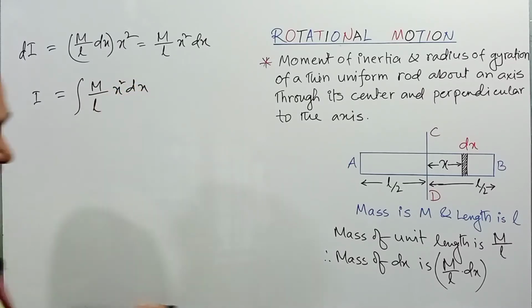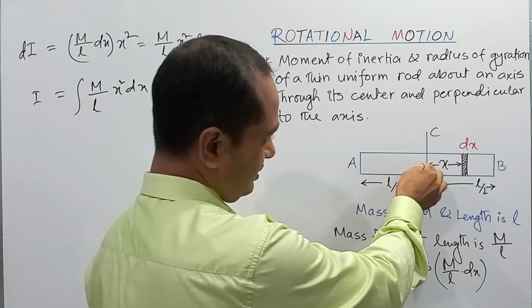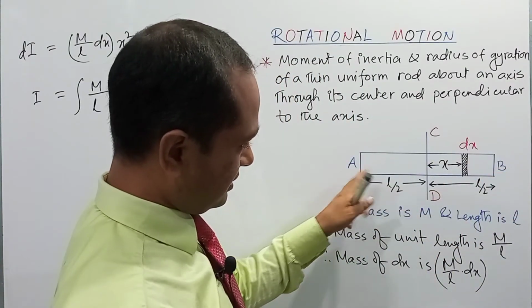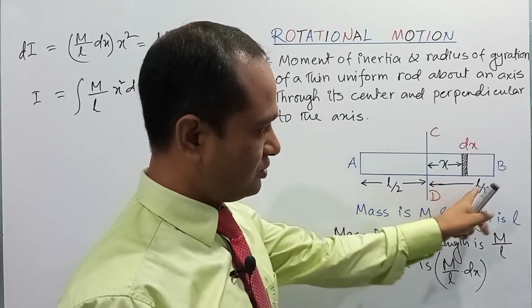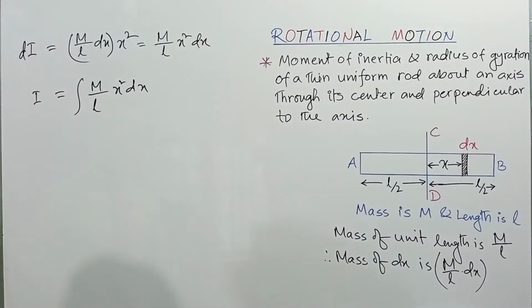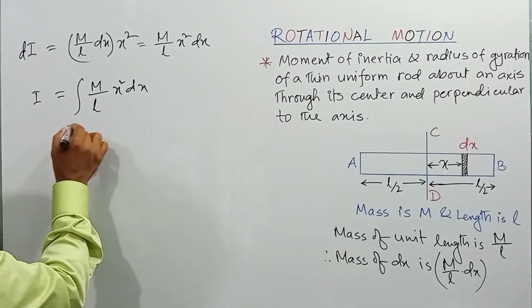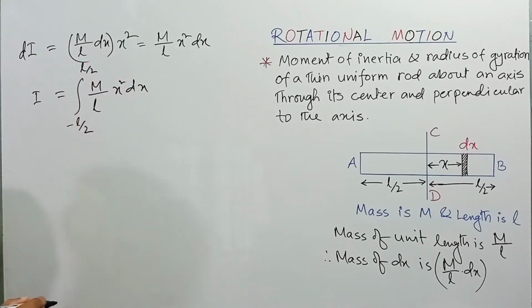Since the total length is L, the distance of the extreme points from the center can be expressed as L by 2 and L by 2. So the limit of the integration will be minus L by 2 to plus L by 2, right?